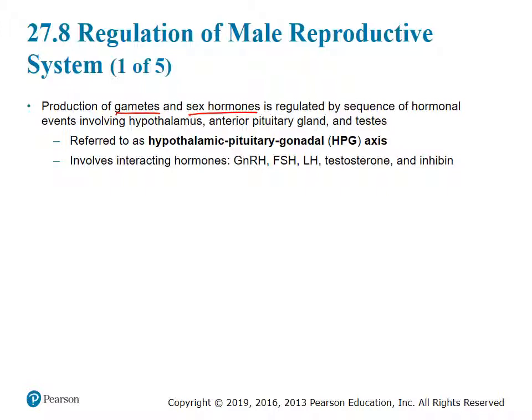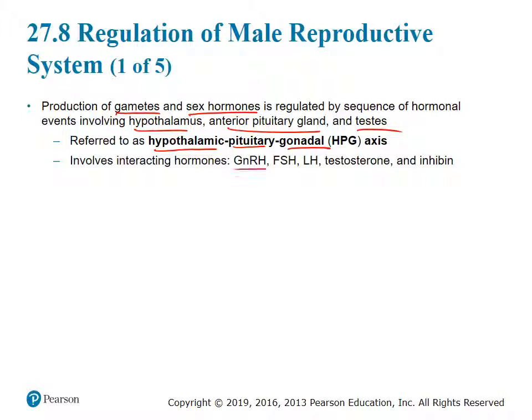It's going to involve the hypothalamus, the anterior pituitary gland, the testes, and I think we talked about this already at the very beginning. Again, we just kind of go back to it, the hypothalamic pituitary gonadal axis, or the HPG, right? And we know that the hypothalamus directs the pituitary, that releases hormones that direct the gonads to then produce certain things, right?